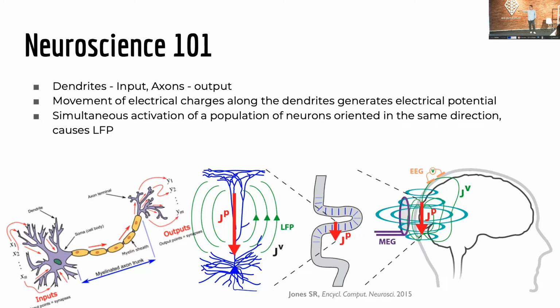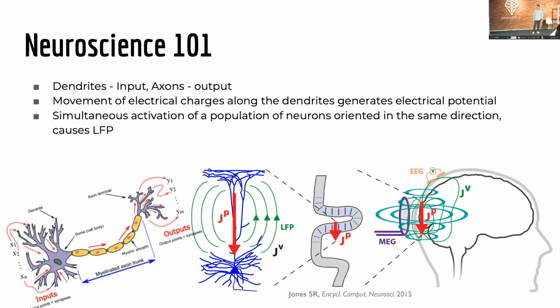So on the left, way back there, you see the representation of a neuronal cell. A neuronal cell has axons and dendrites, so it takes an input and it produces an output, same as your artificial neural networks. And when this signal propagates from dendrites to axons, it generates this electrical field, as you see in the middle.